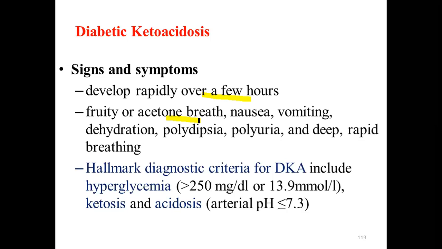There is also polydipsia, polyuria, and deep, rapid breathing. The deep, rapid breathing is to remove excess acid in the form of carbon dioxide, so that is the compensatory mechanism. Remember, what kills the patient in DKA is the dehydration.